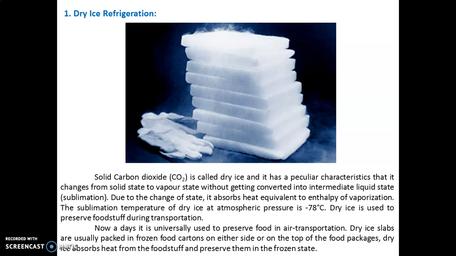Nowadays, it is universally used to preserve food in air transportation. This is the most important concept in cold chain application, where we have to supply commodities like fruits, vegetables, meat, and milk over a long distance. At that time, the dry ice concept helps to preserve the food for a longer duration of time.